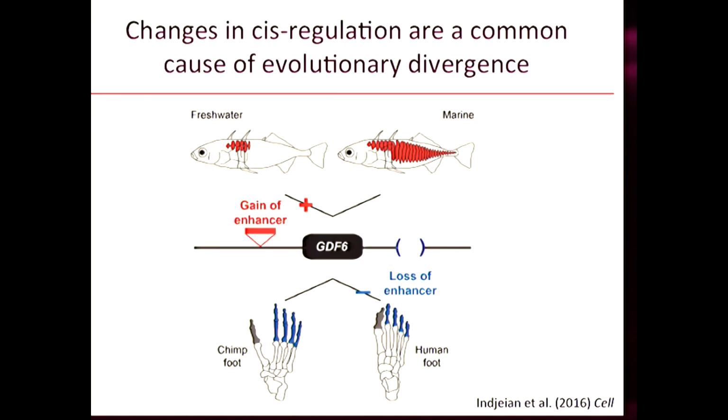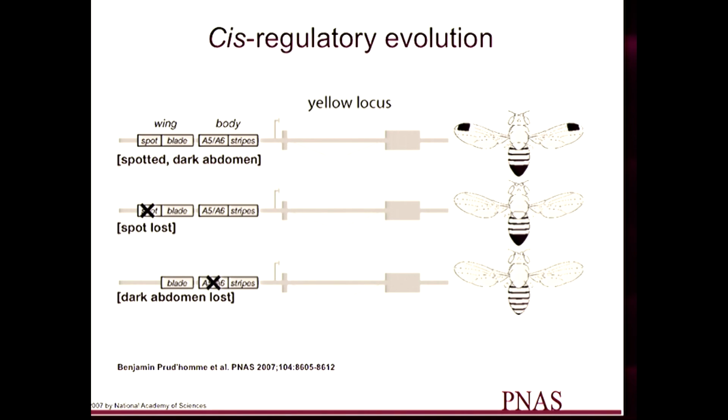Okay. So we now know a lot about these sequences that we're moving, these non-coding sequences, the ones that are controlling the gene expression, when, where, and how much of genes are turned on. These little boxes here are the representations of that.